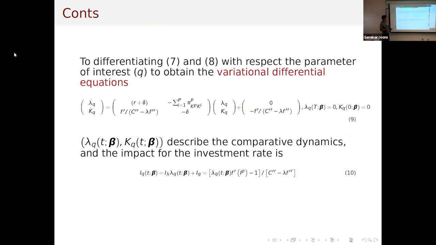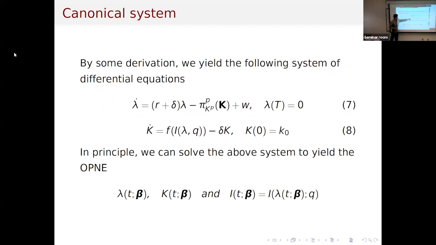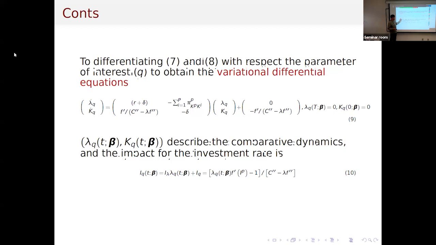Let's say we are interested in investigating the change in the price of Q. Then it will give us this kind of system of ODEs. Oniki called this the variational differential equations. It is nothing fancy: just differentiate 7 and 8 with respect to Q, and you end up with this one.